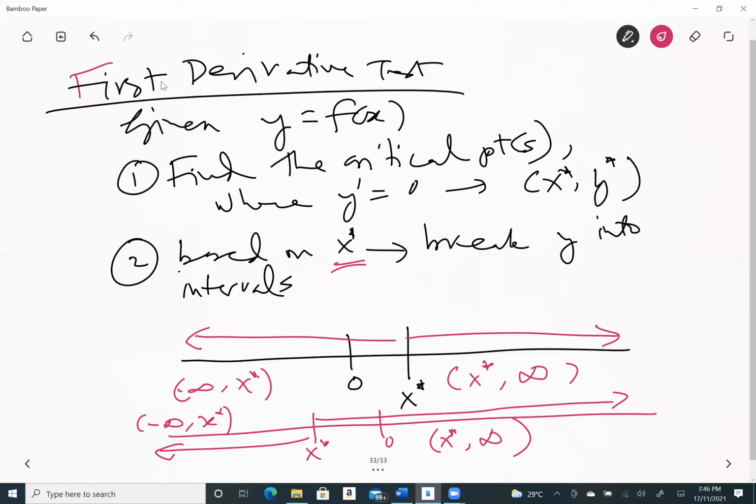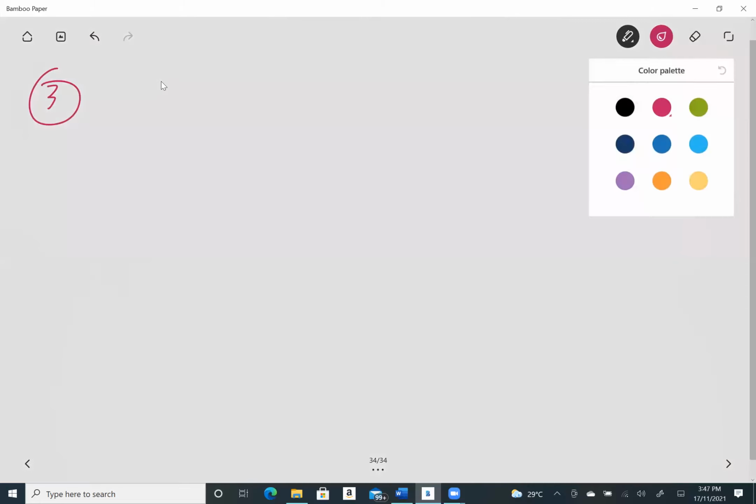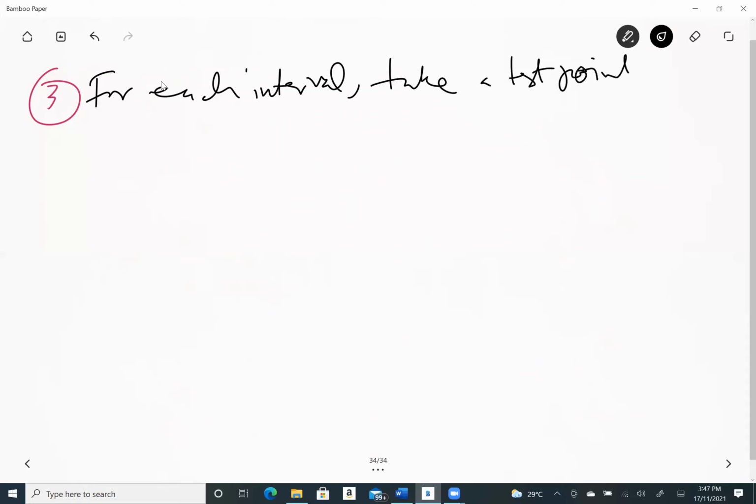After we do that, number 3, you take a test point for each interval, just like what we were doing for the inequality. Take a test point, and then you will see how the y prime behaves, and then you can conclude the y.